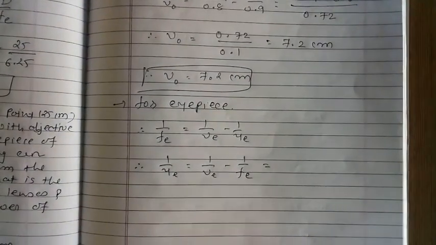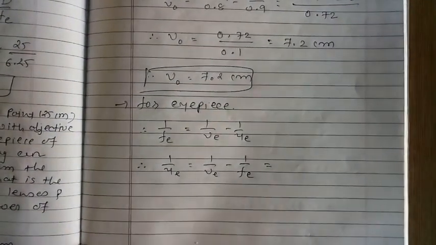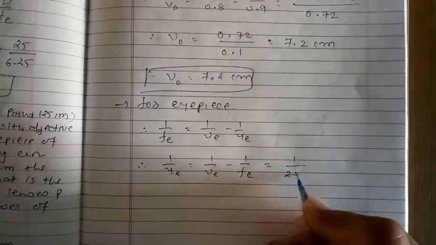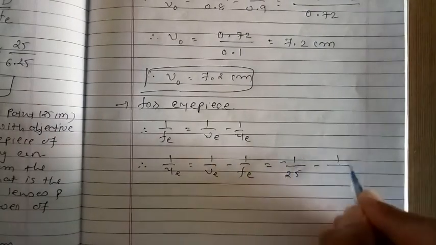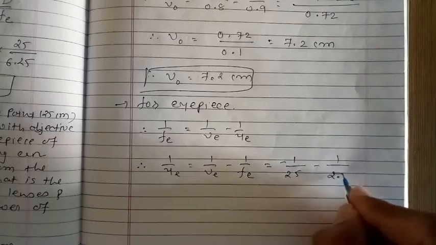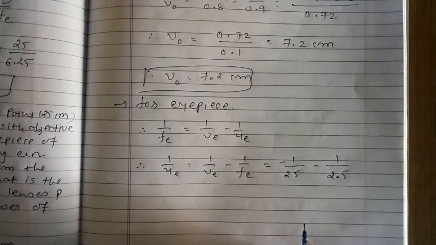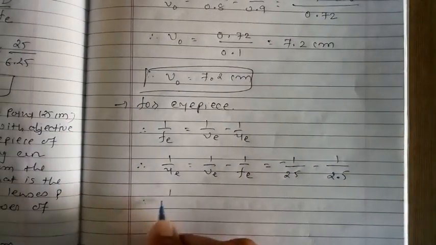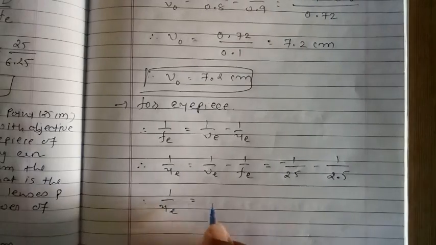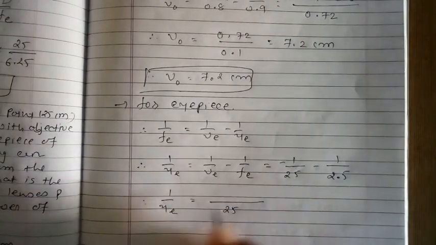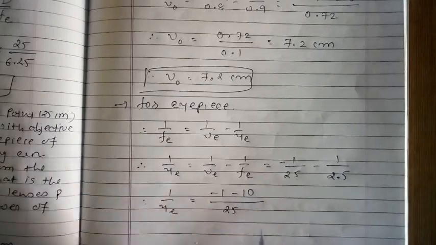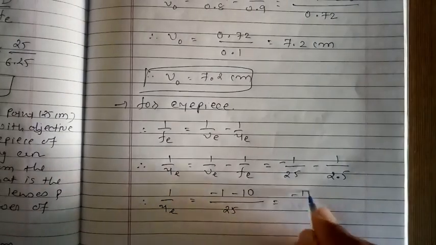So image distance from eyepiece is 25, but on left hand side, so we have to take minus. So 1 upon minus 25 minus 1 upon value of F is 2.5. Now we have to take the LCM. So 1 upon UE is equal to, here LCM is 25, so minus 1 minus 10, so minus 11 upon 25.